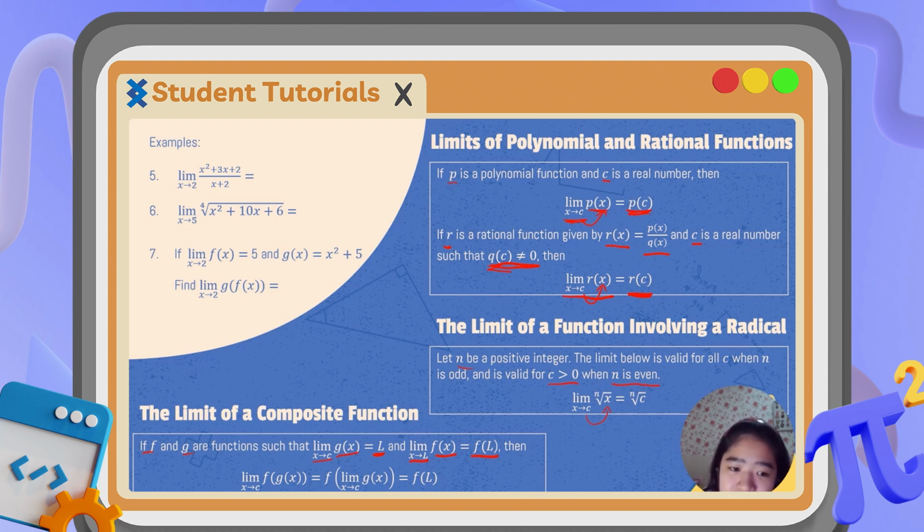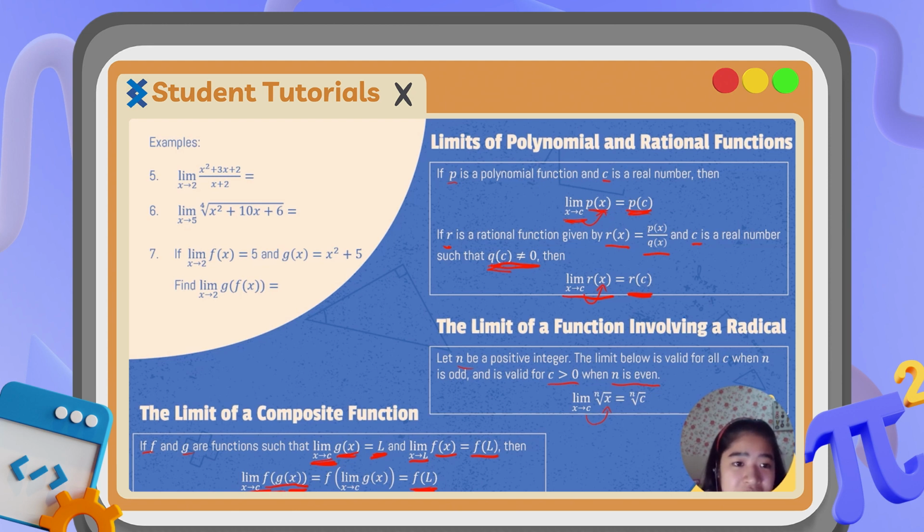So it's just like saying that if you have the limit of this composite function f of g of x, you can make it the composite function f of the limit of g of x, which then would just be f of L, because the limit of g of x as x approaches c is L. So if you substitute that here, it would just be f of L.